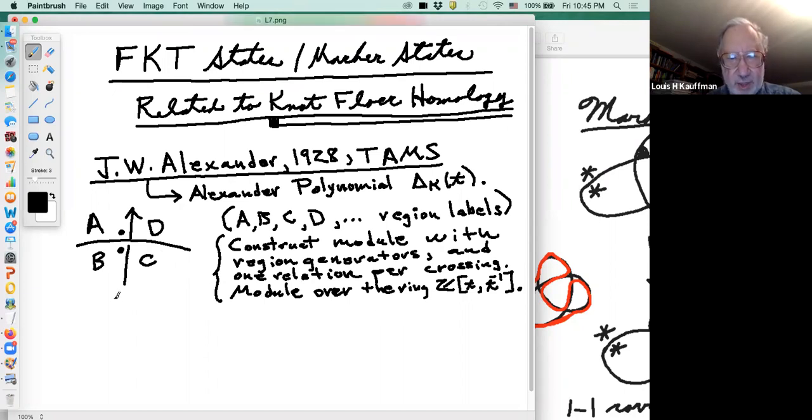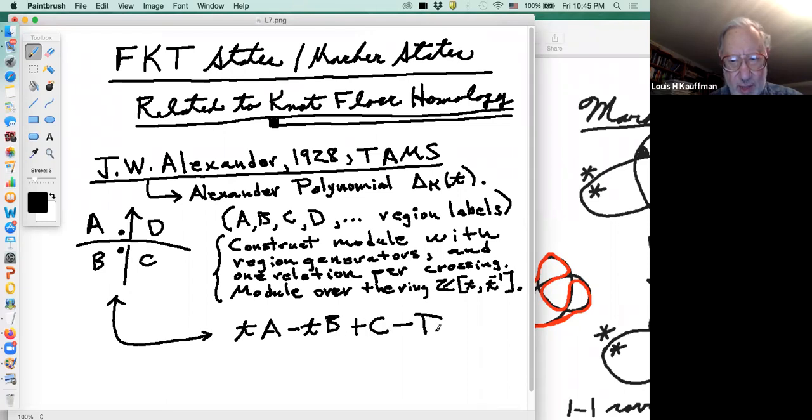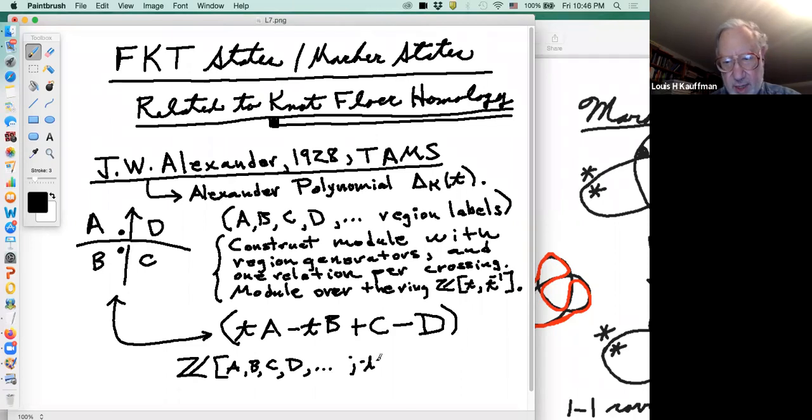And the relation that this corresponds to is TA minus TB plus C minus D. So that means that this bit of algebra is set equal to 0, and you're looking at Z of A, B, C, D, etc., and also T and T inverse, modulo the relations.